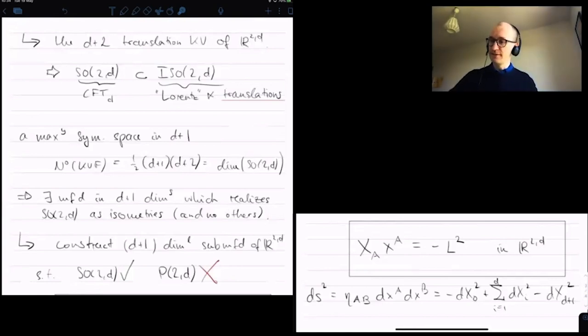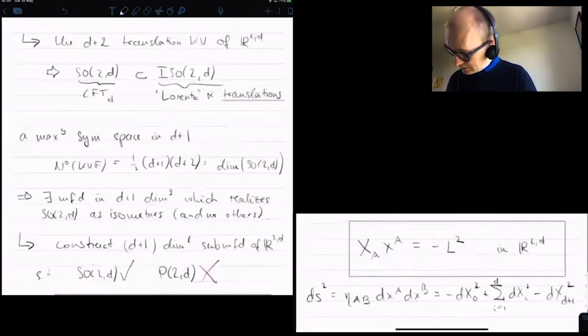First thing is that this is a submanifold which has one fewer dimension than R^{2,D}. So we should choose a system of coordinates. We should basically solve this embedding equation in terms of coordinates which are intrinsic to the submanifold, and that will then also allow us to write down a metric, or depending on our choice of coordinates, in fact several metrics on this submanifold.